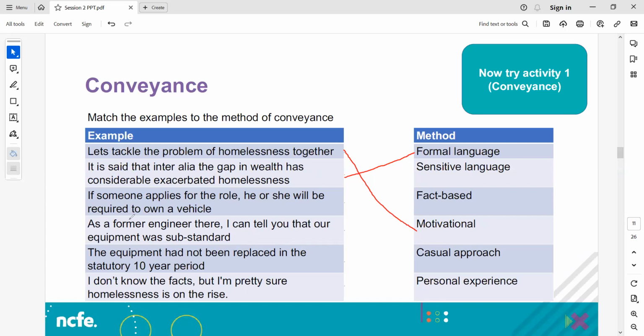As a former engineer there, I can tell you that our equipment was substandard. That's personal experience. The equipment had not been replaced in the statutory 10-year period. That's fact based.